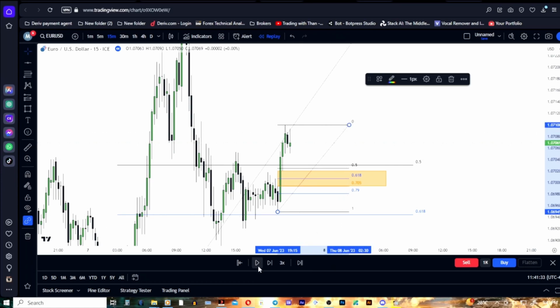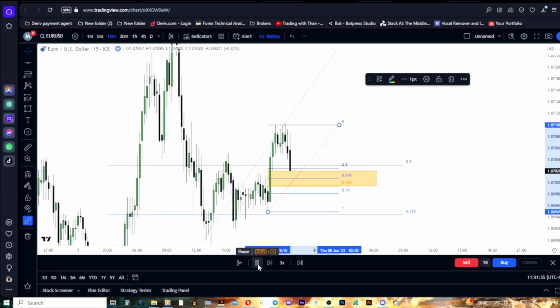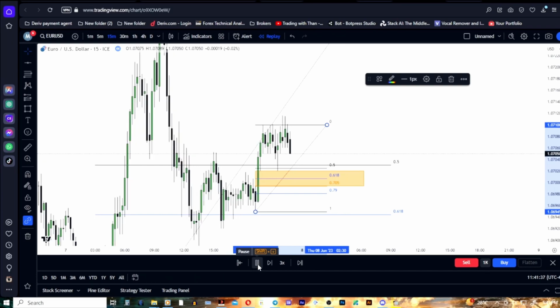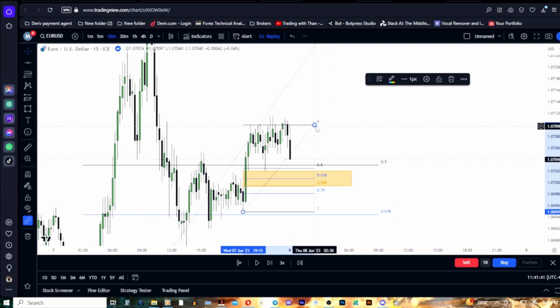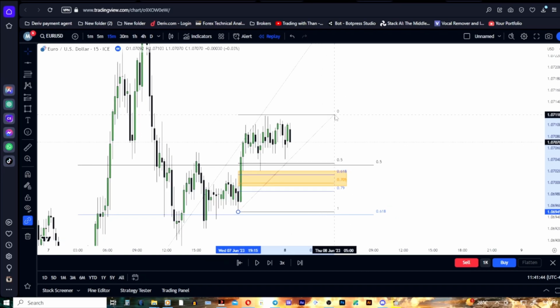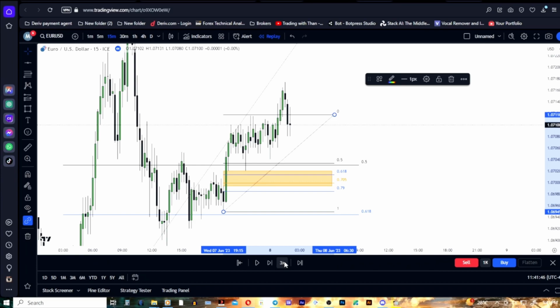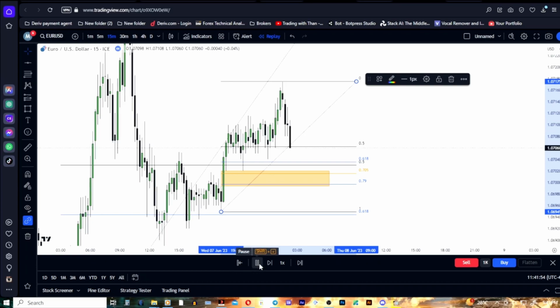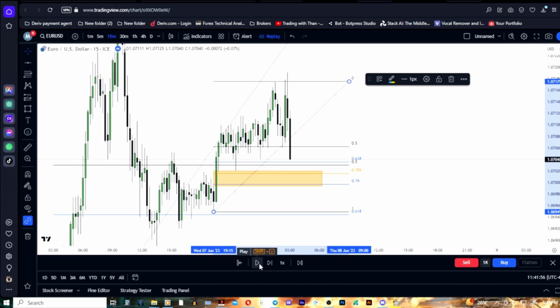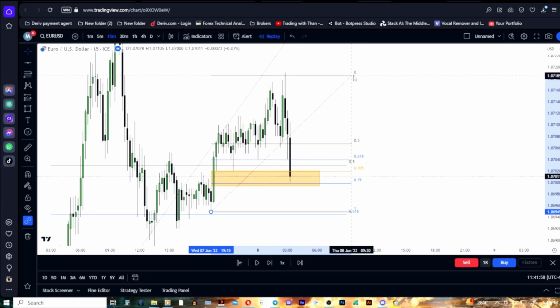So let's follow this price. It almost reached our fib there, our OTE, I mean. We follow it right there. Continue to follow it. We follow it right there.